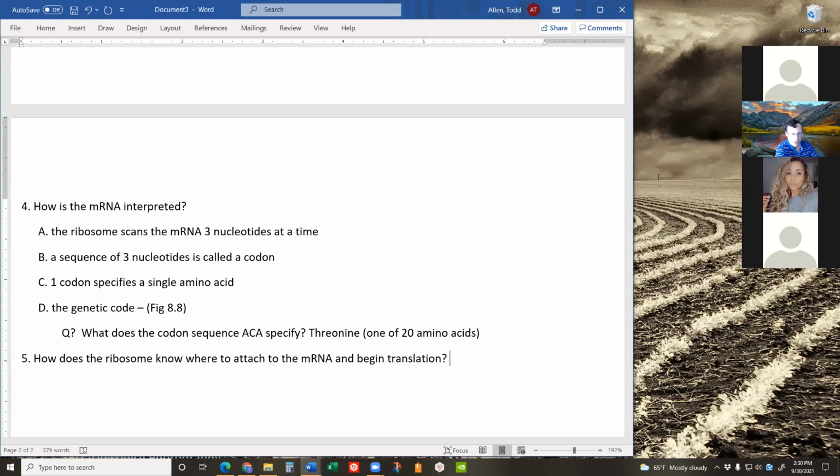Okay, Kid, I see your question. Just give me a second. So my question is, how does the ribosome know where to attach to the messenger RNA and begin translation? Here's the answer. The ribosome looks, and I don't mean it has eyeballs, but it scans the RNA for a very precise RNA word, right? We've had DNA words so far in class today.